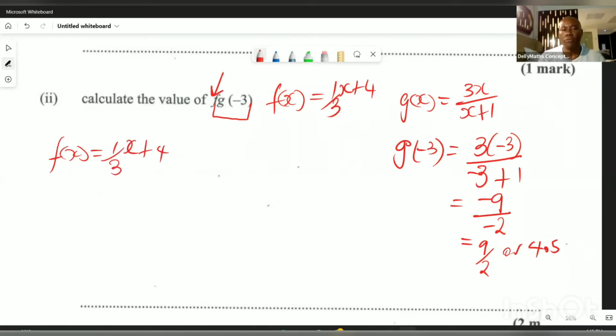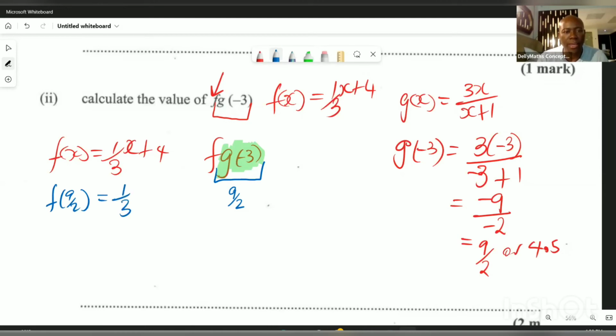Remember, though, that we're trying to find f of g of -3, where we found just now that g of -3 is equal to 9 over 2. So then I am just finding f of 9 over 2.